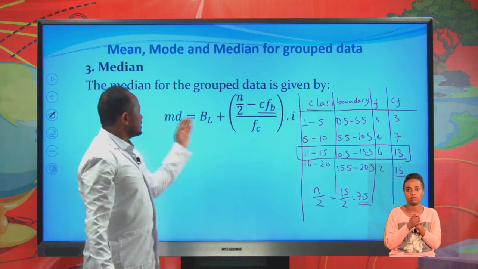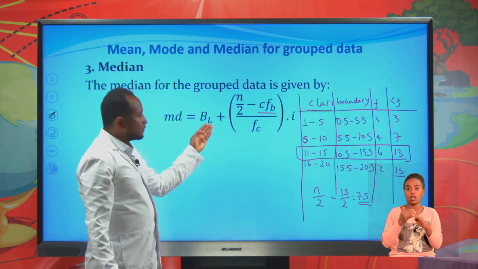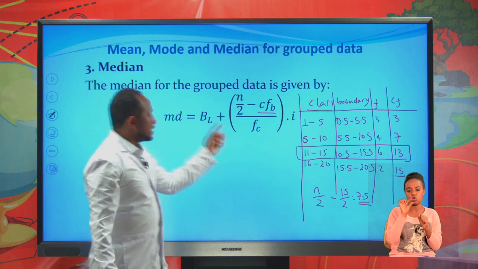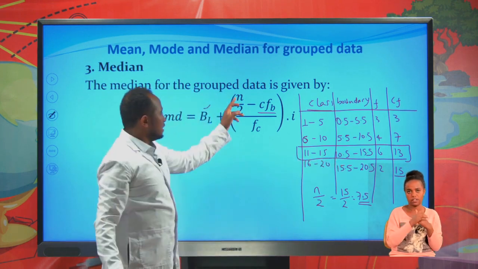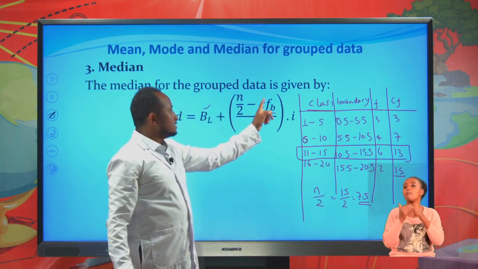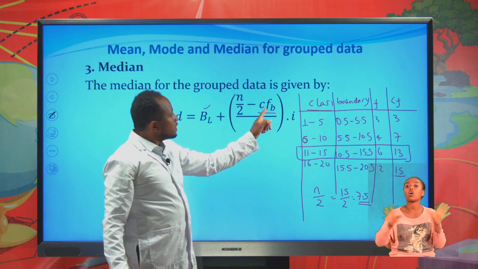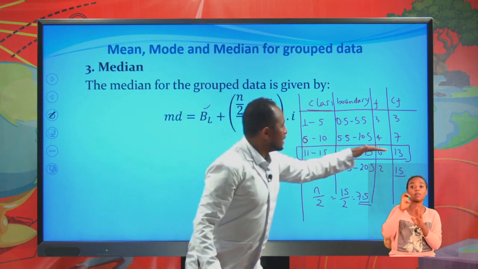After determining the median class, you can apply this formula. The lower class boundary of the median class is 10.5. n is 15, so 15 over 2, minus the cumulative frequency before the median class. Here is the median class.